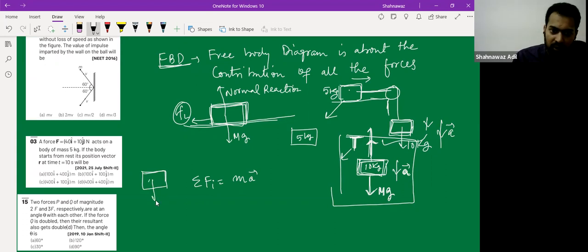So one is weight mg, one is acceleration, and one is tension, right? So what is in the direction of this acceleration? Heather, what force is in the direction of this acceleration? Weight, right.